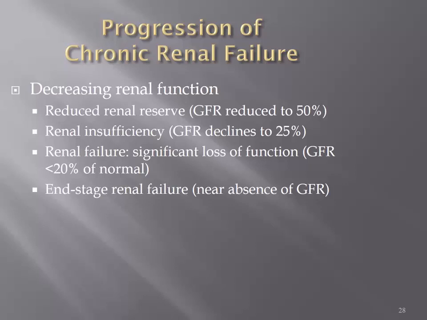Failure occurs when there is significant loss of function and GFR is less than 20% of normal, but patients still can function and may have some signs and symptoms of this, but still would not be so affected, especially if they are at this upper range at 20%.